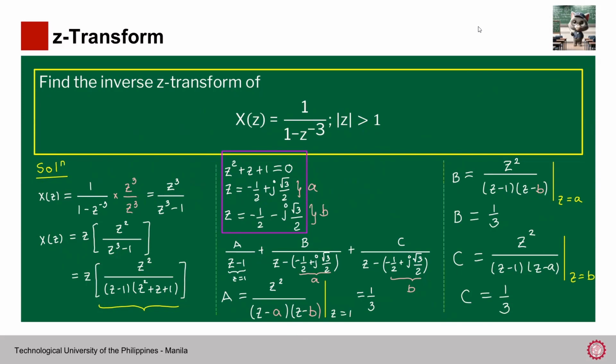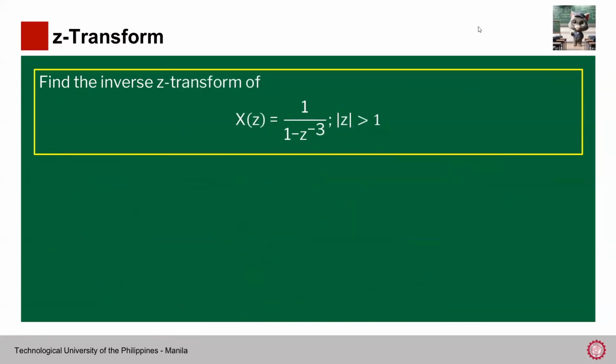Okay, so let me continue the solution. Nakuha na natin yung X of z natin. So I will rewrite this again, guys, yung ating X of z. Yung X of z natin is z times the quantity, lahat yan may 1/3.